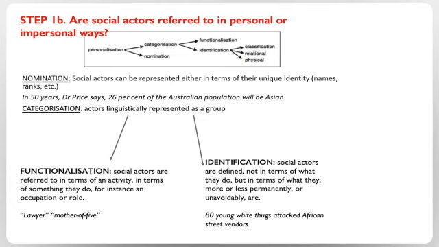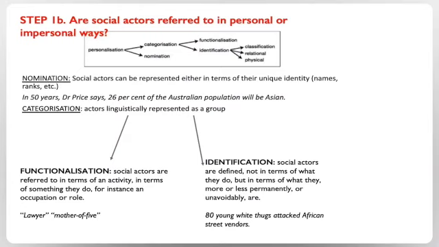Individualization is when social actors are made individual. So nomination is when we use their name. And categorization is when we talk about these social actors not in terms of their name, but in terms of who they are or what they represent. You can see the examples here. Functionalization is when we talk about their activity, like lawyer or mother of five.